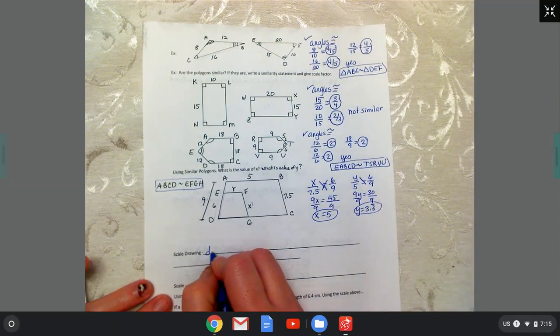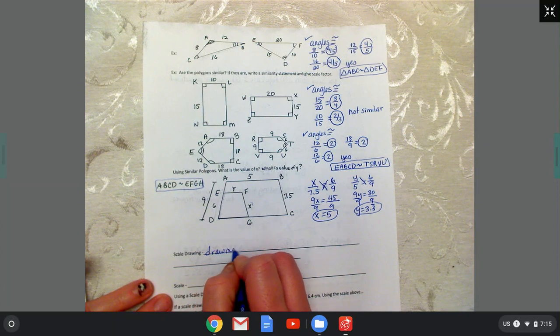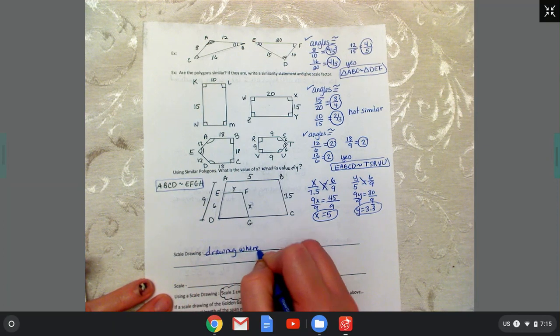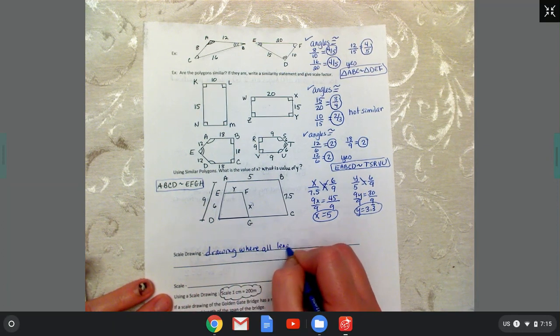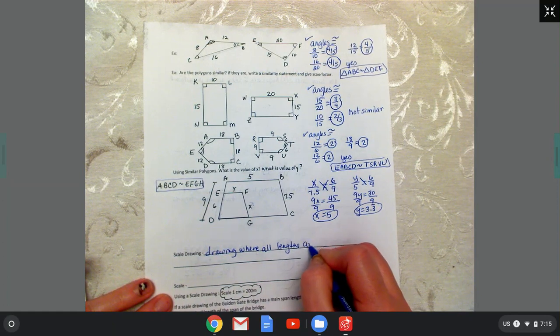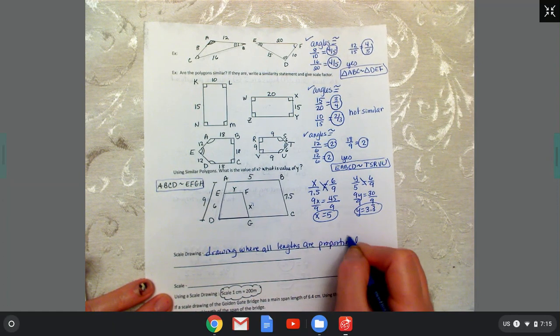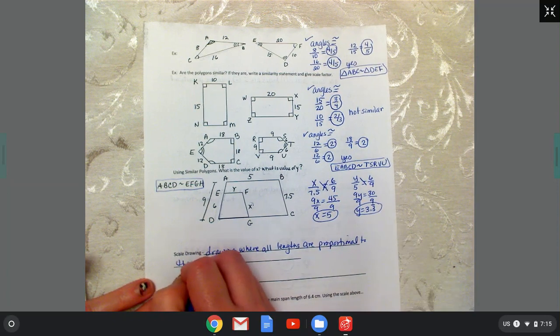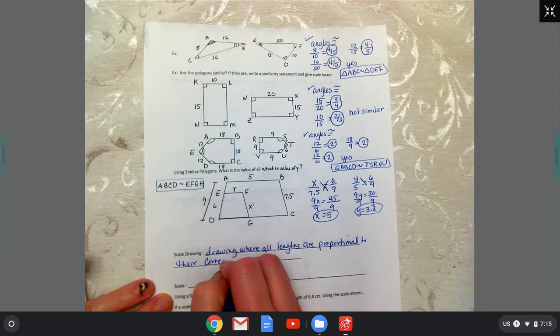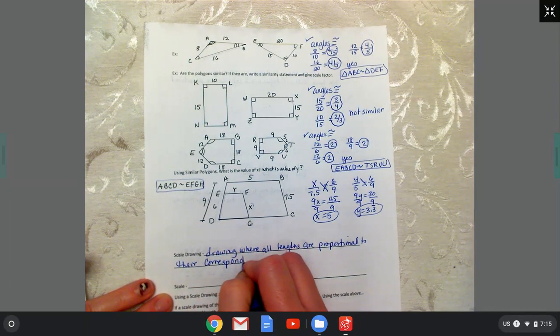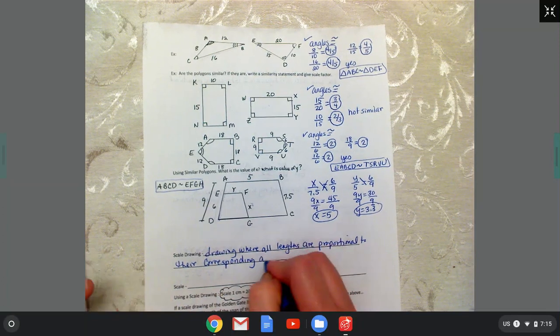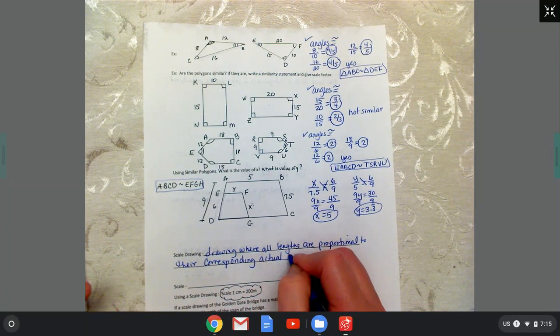All right, the last part of this is scale drawings. A scale drawing is a drawing where all the lengths are proportional to their corresponding actual lengths.